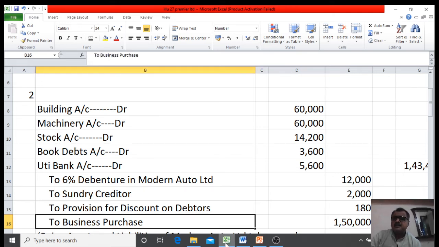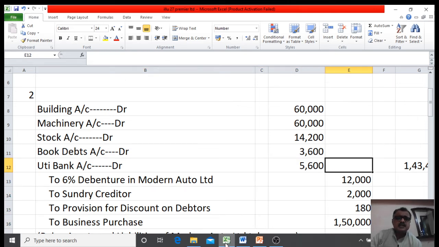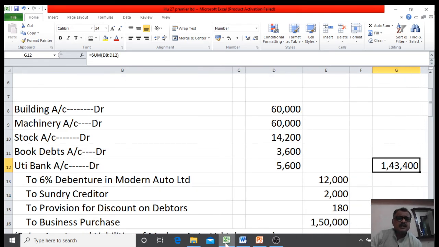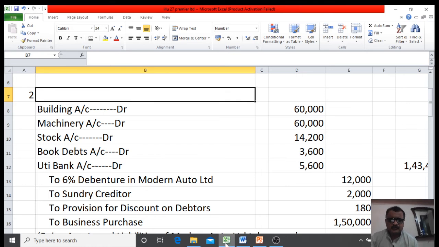Now again there will be a difference in this entry because purchase consideration is calculated under the net payment method. So we will find out the difference. Debit side total is 1,43,400 and credit side total is 1,64,180. So the difference is on the debit side, so we have to debit goodwill account.